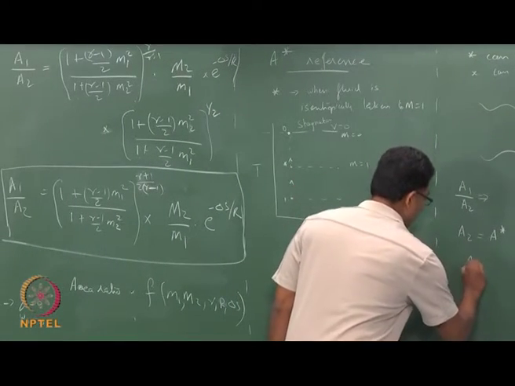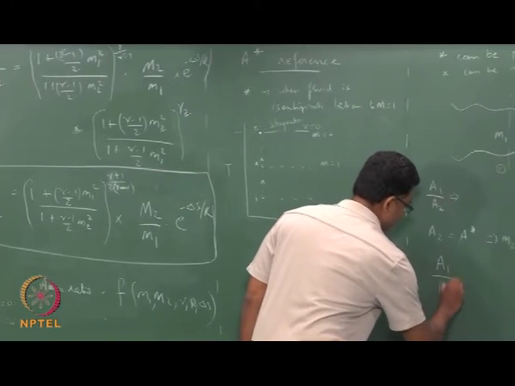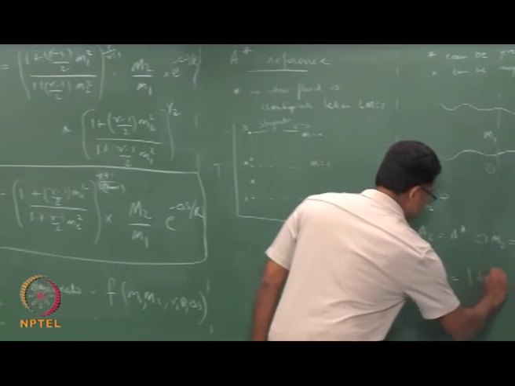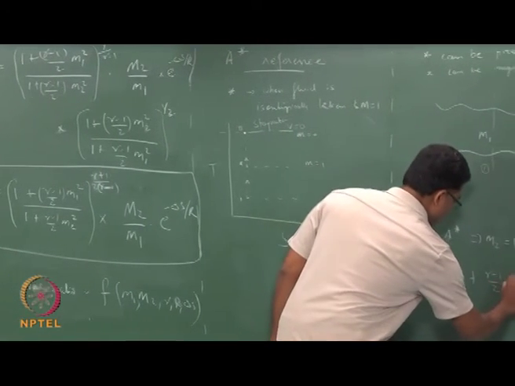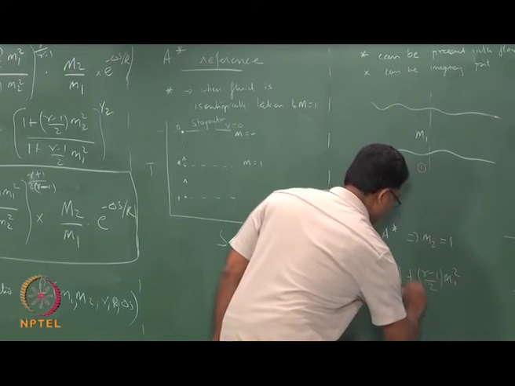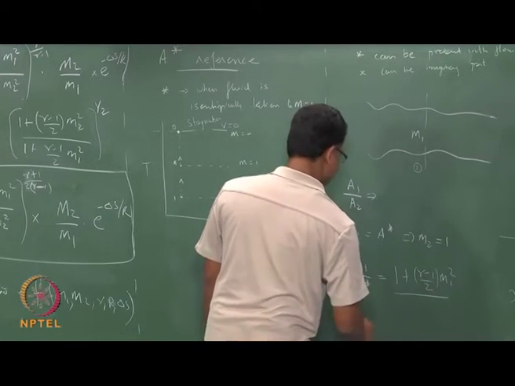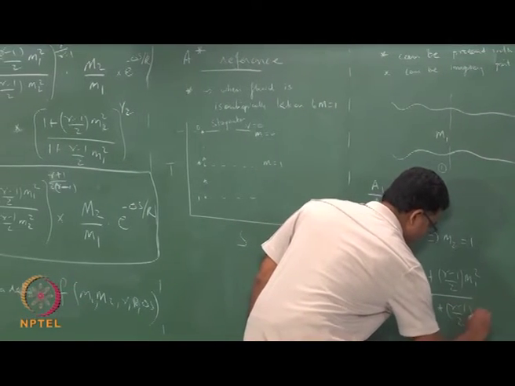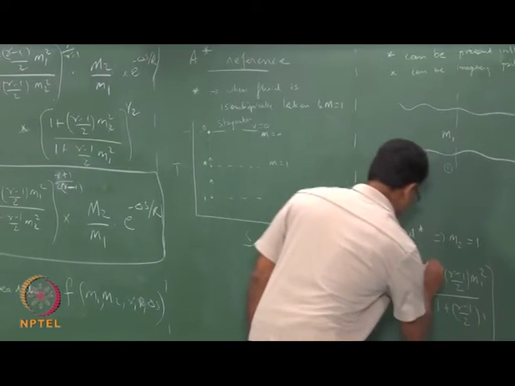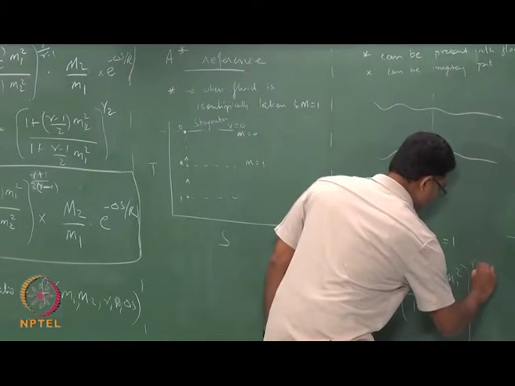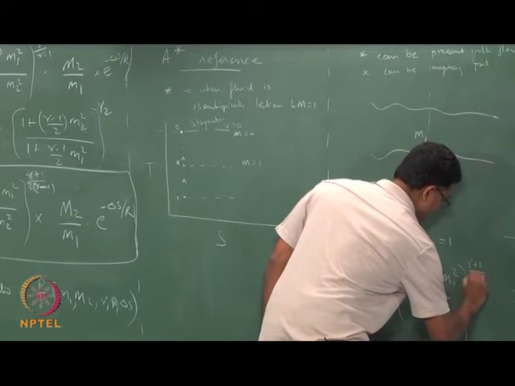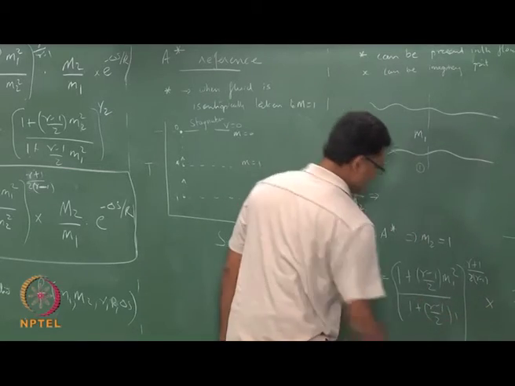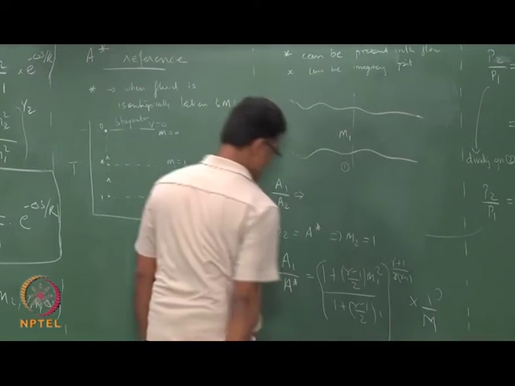So, I take A1 by A star equals 1 plus gamma minus 1 by 2 M1 square divided by 1 plus gamma minus 1 by 2 multiplied by 1, to the power gamma plus 1 divided by 2 into gamma minus 1, into M2 is 1, this would be 1 by M, e power delta s by R.